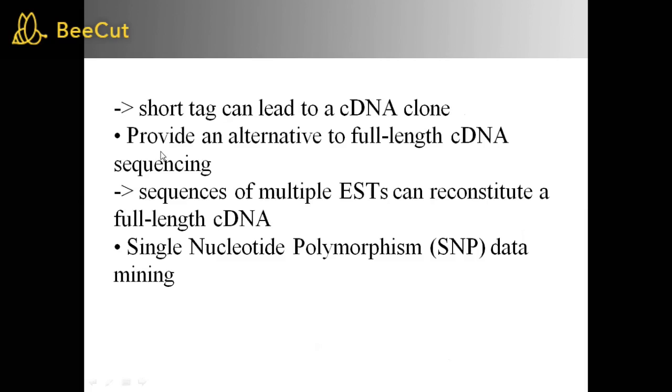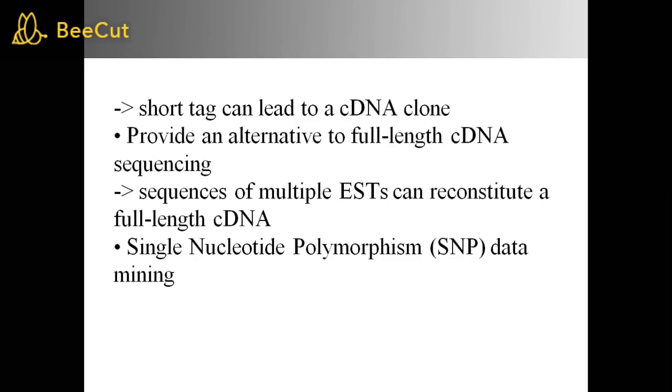Again, expressed sequence tags provide an alternative to full-length cDNA sequencing. If we sequence the whole cDNA molecule, it will be expensive. So instead of sequencing the whole cDNA molecule, we are only sequencing a portion of that cDNA from either the 5' end or the 3' end.